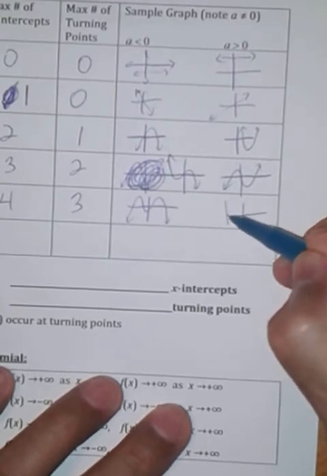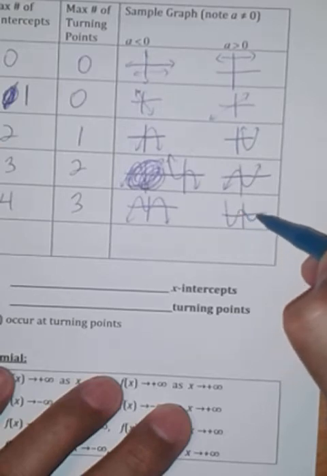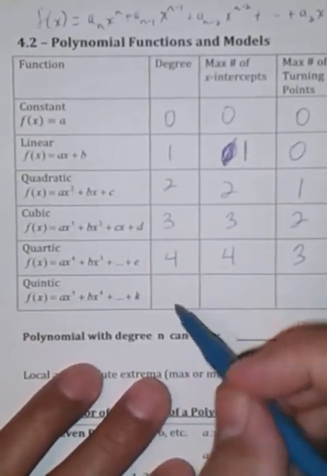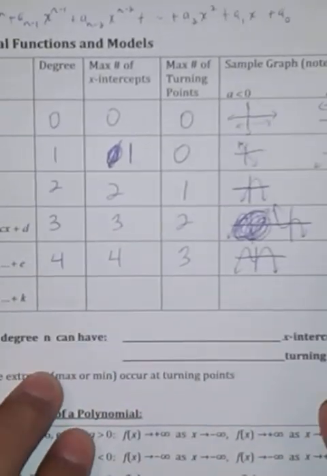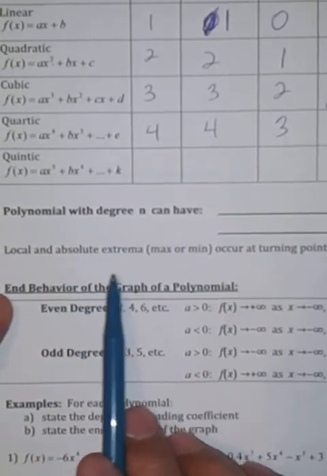Does it have to have 4 x-intercepts? It turns out it doesn't, and we'll discuss that a little further in class. And x to the fifth, I'll leave this one blank and see if we can fill it in later. Okay, and the next two parts, the degree n and that part too.